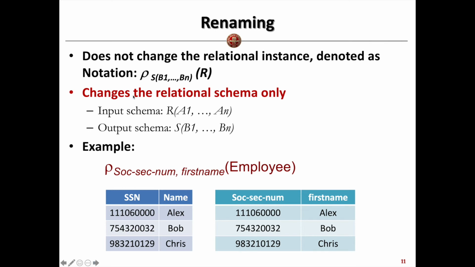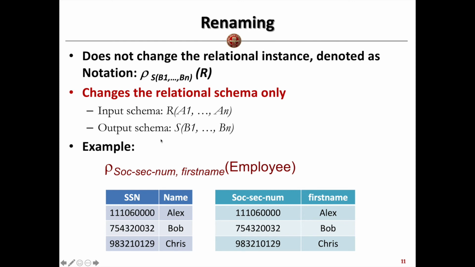So you see, this operation will make changes to the relational schema only. We have an input relation R with A1 to AN as attributes, right? However, right now we plan to make some changes to the names instead. We want to change the name R to S. We want to change the name A1 to B1, as well as the name AN to BN.